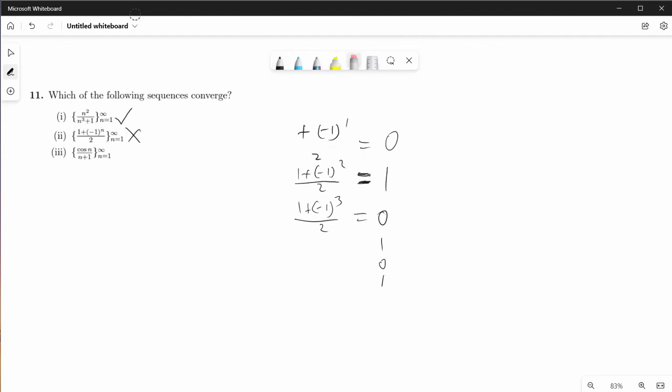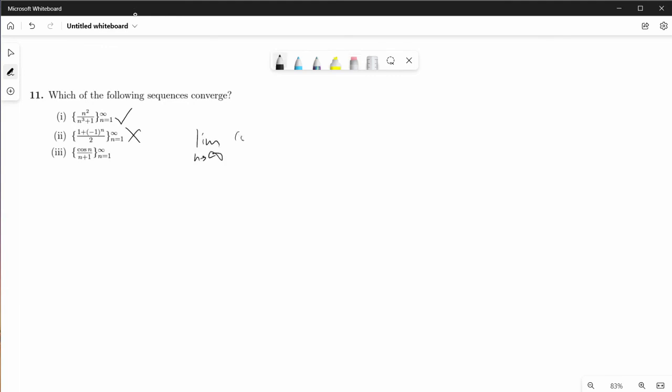For number 3, again, we can use the limit as n approaches infinity of cosine n over n plus 1. We can look at this two ways. For cosine, a cosine graph will look something like this, a general shape.